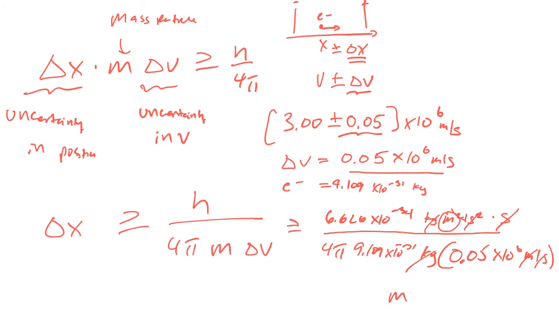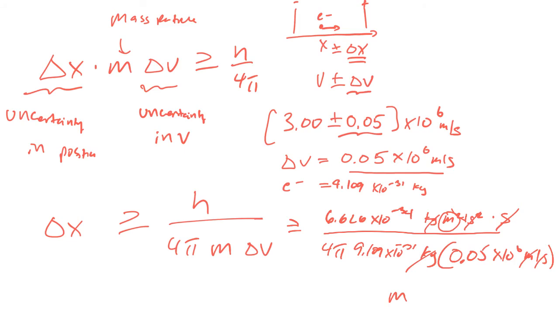So we get a unit of length out for this problem as well as the previous one. So we go 6.626 times 10 to the minus 34, divide by quantity 4 pi times the mass of the electron, and then times 0.05 E6, end parentheses, calculate.